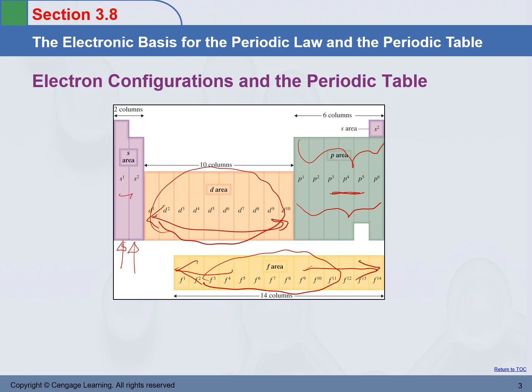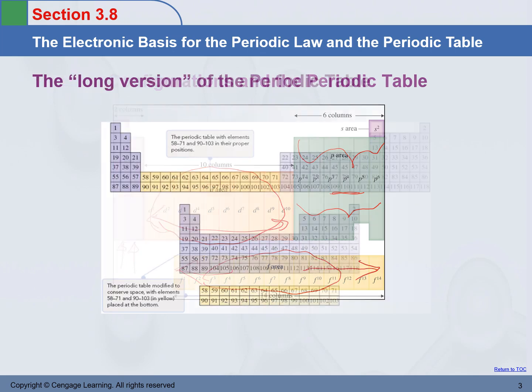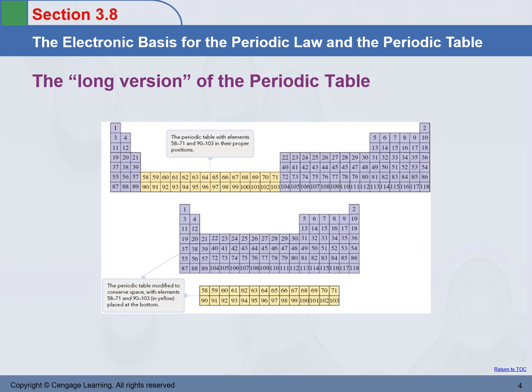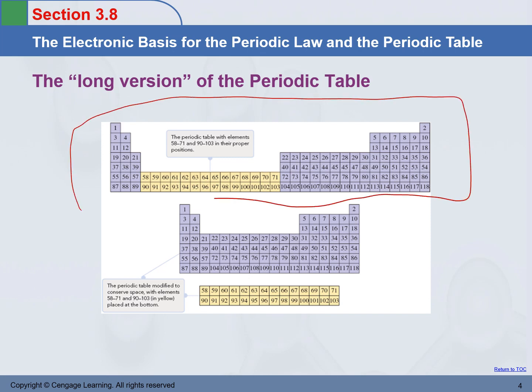Suddenly, it all makes sense to us now. If we construct our periodic table totally based on the electronic basis, this would be how the periodic table looks.